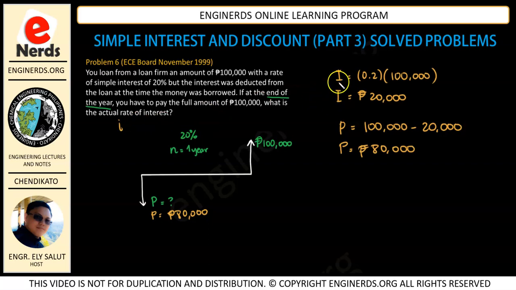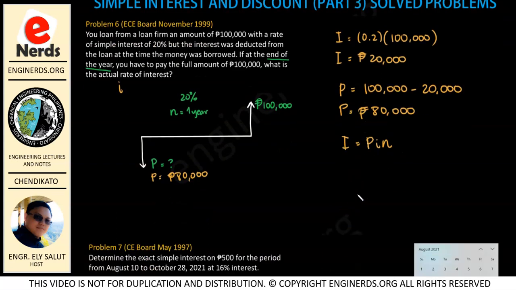Okay, so dahil meron na tayong value ng interest, meron na rin value ng principal, we know that our formula here or our equation here is interest is equal to principal times the interest rate and the number of years, no, yung period natin. So, alam na natin yung value ng interest, value ng principal, ito yung ating N. So, therefore, our I is equal to I over P over N. Let us try to solve that.